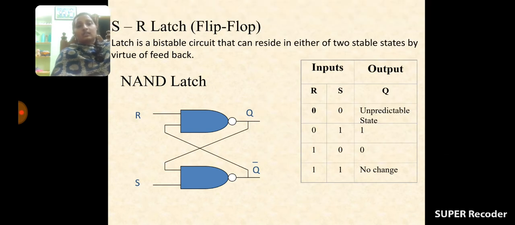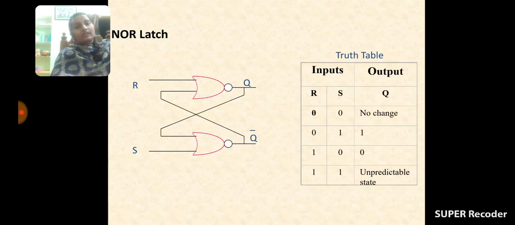Is it clear? So this is about the NAND latch. In the same way, the NOR latch is there, but here NAND gates are replaced with the help of NOR gates, but the operation is the same. If both inputs are 0, the output will not be changed, meaning it will violate the original rule of outputs.